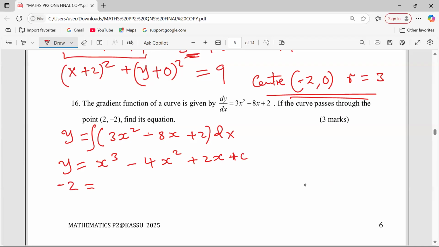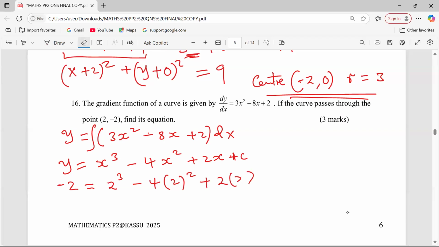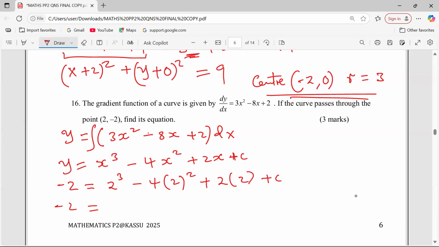-2 equals 2 power 3 minus 4 into 2 squared plus 2 into 2. Instead of x, we're having 2, plus c. So -2 equals, let me work out this part, 2 power 3 is 8 minus 4 into 2 squared plus 2 into 2, which is 4. So I'm getting -4 plus c.